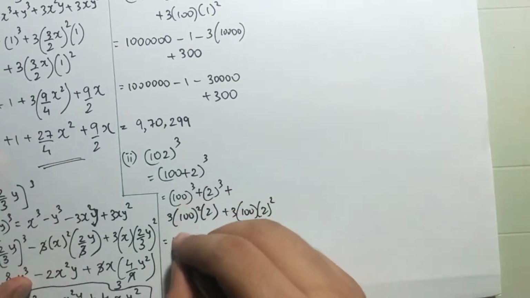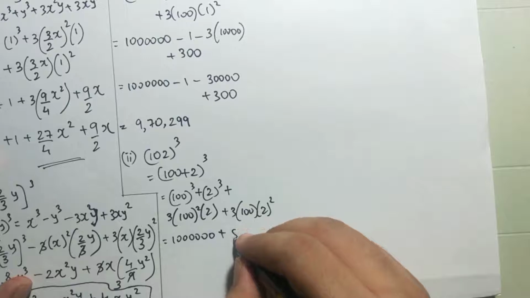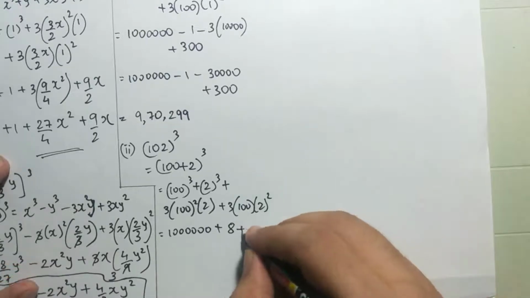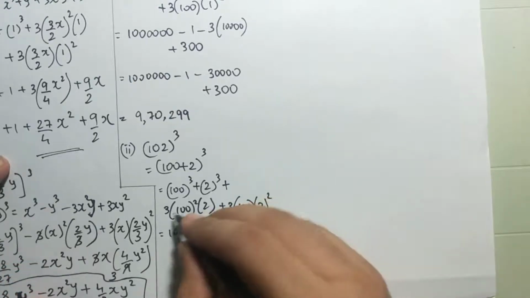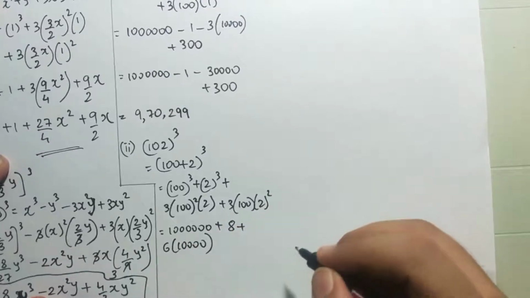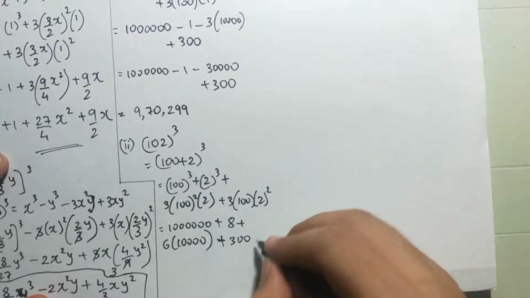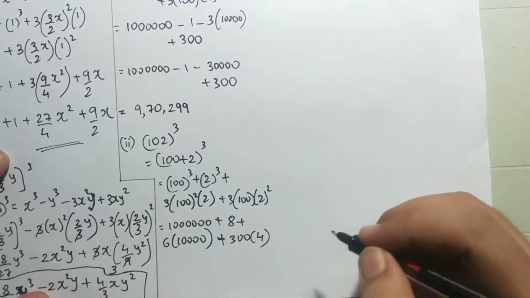This is 100 cube, again 10 lakhs, plus 2 cube, that is 8, plus 3 into 2, 6, into 100 square, that is 10,000, plus 3 into 100, which is 300, into 2 square, that is 4.